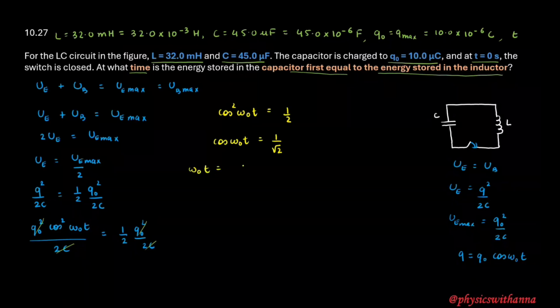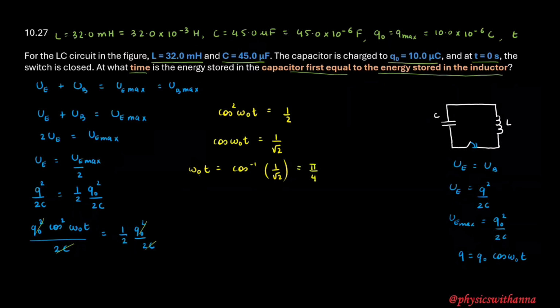Omega naught t becomes equal to cosine inverse 1 over root 2. Now when you're taking cosine inverse over here, make sure your calculator is in radian mode, because omega is also measured in radian per second or just second inverse. So keep your calculator in radian and not in degree mode. And when you do that, you get this to be equal to pi by 4.